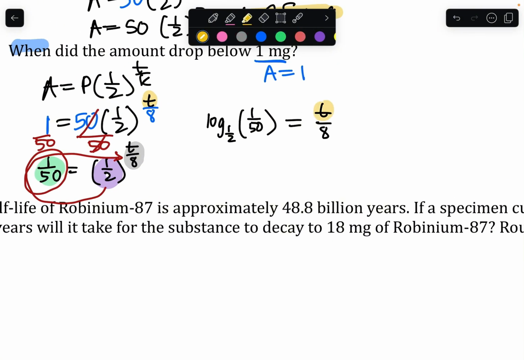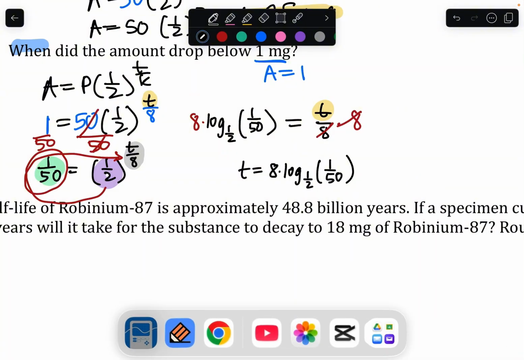Now remember, we're still trying to solve for T. And so my last step is just to multiply both sides by 8, and that stays outside the log. And so now, if we have to leave our answer in terms of log, if this is a non-calculator, you would just leave your answer just like this. And then if you do have a calculator, you will type it in.